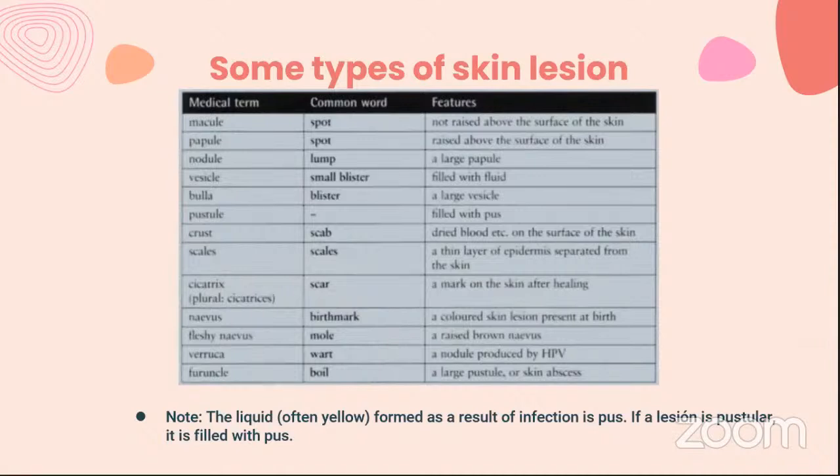Furuncle, common word: boil. Features: a large pustule or skin abscess. Note: the liquid, often yellow, formed as a result of infection is pus. If a lesion is pustular, it is filled with pus.